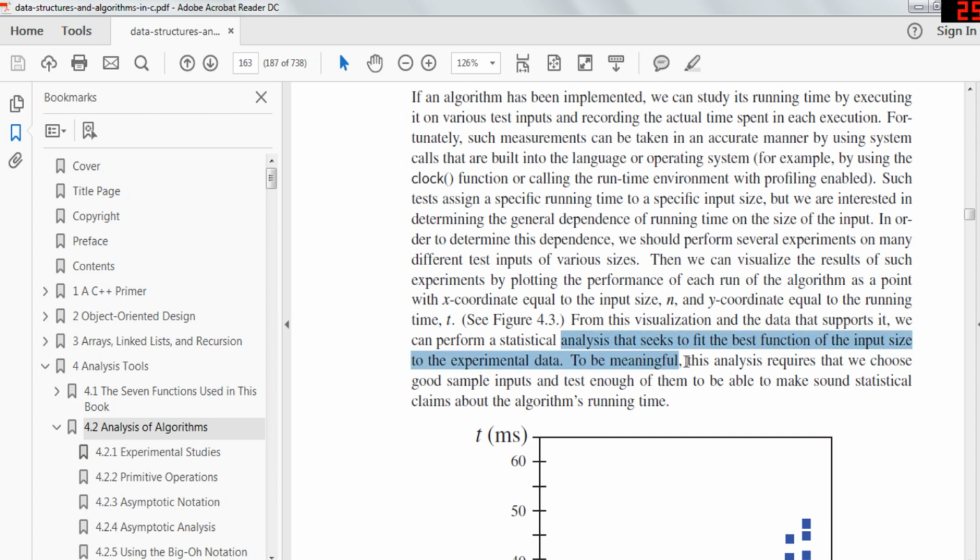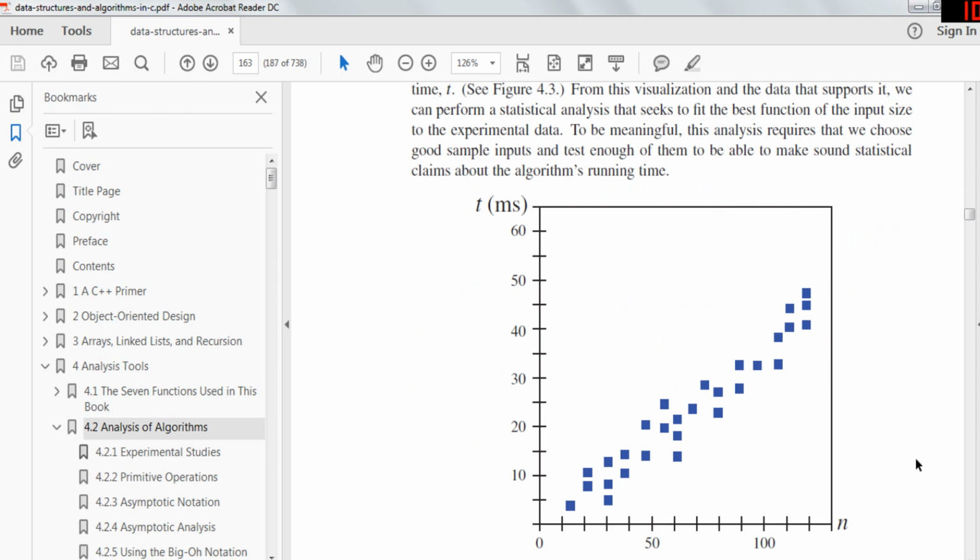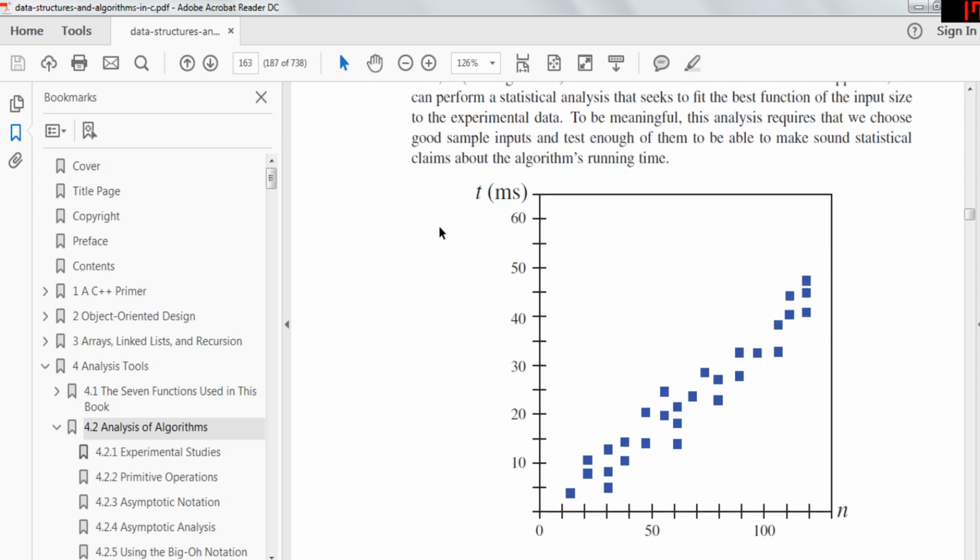To be meaningful, this analysis requires that we choose good sample inputs and test enough of them to be able to make sound statistical claims about the algorithm's running time. So that's what they did here: they measured the input size n and the time t in milliseconds, which allows you to make good statistical claims about an algorithm's running time.